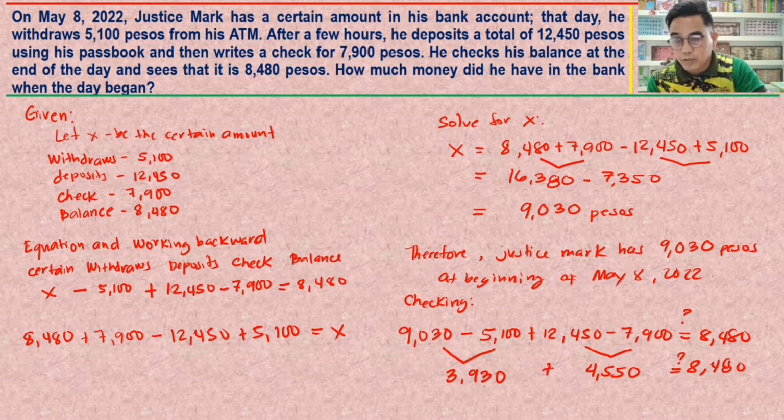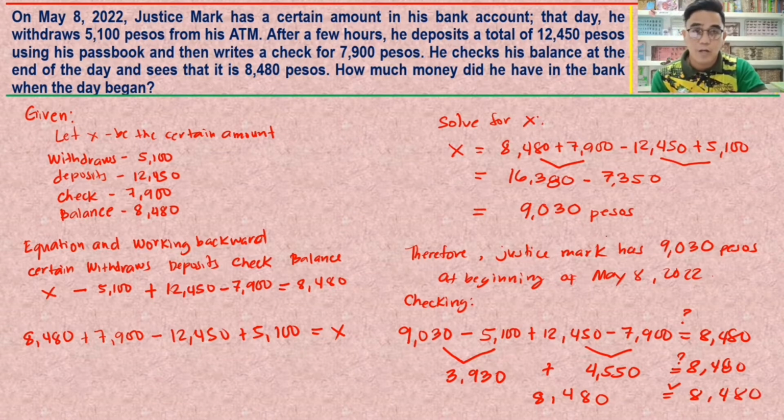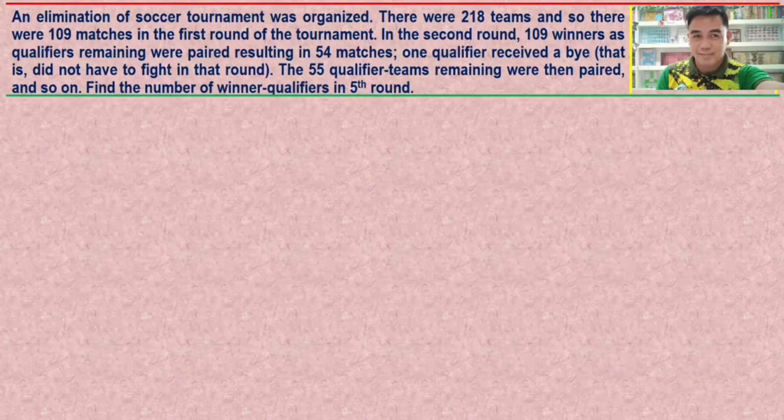Now 3,930 plus 4,550 will yield an amount of 8,480, which means they are the same. Therefore, 9,030 pesos is correct. That is how we solve problem number 2.